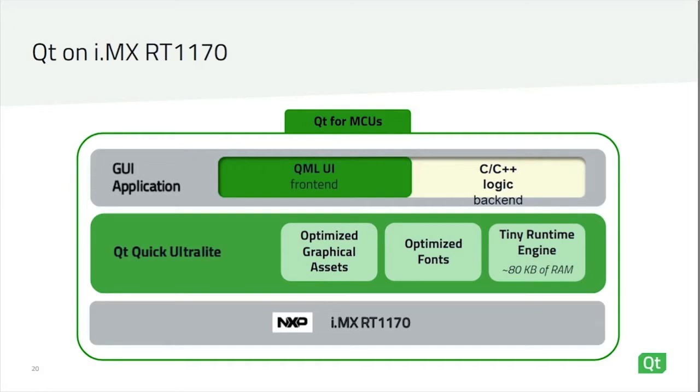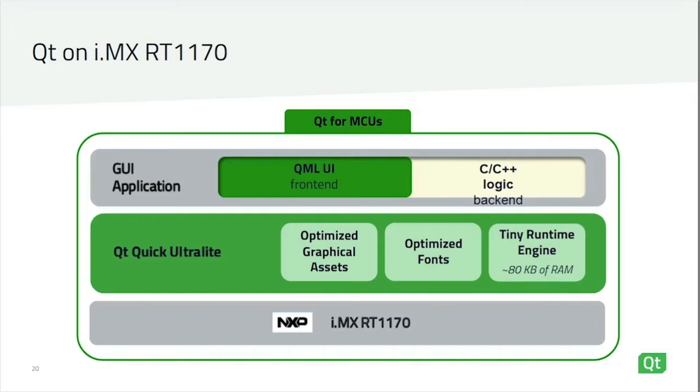And we have created a completely new runtime, which is much smaller than what you would typically use on desktop or even embedded Linux. So it's very tiny. The minimal requirement from a RAM perspective is around 80 kilobytes of RAM.